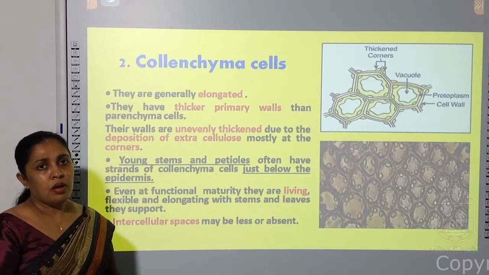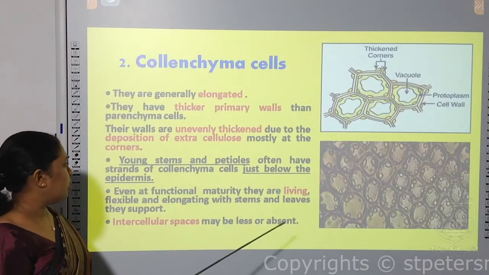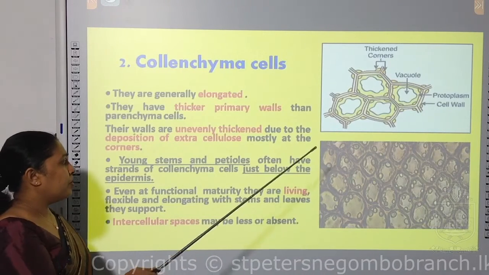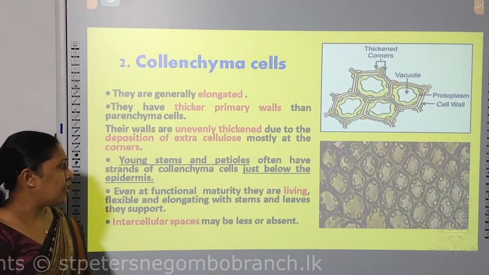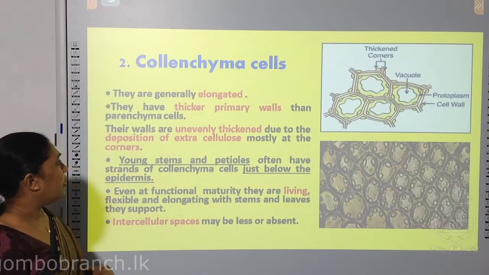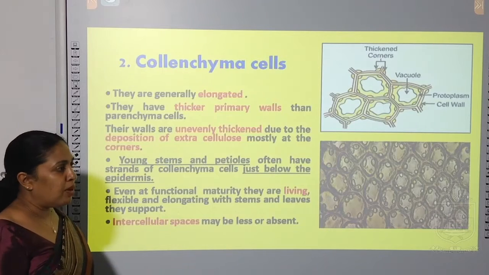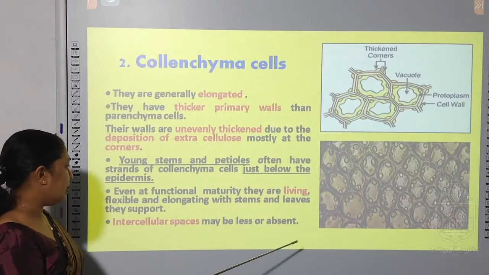It is not as common as in the previous one, the parenchyma. These cells can be seen in young stems and petioles just below the epidermis, and the cell walls are thickened. Those are the characteristics of collenchyma cells.